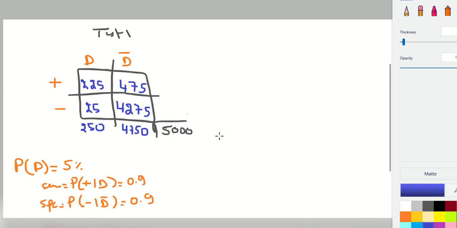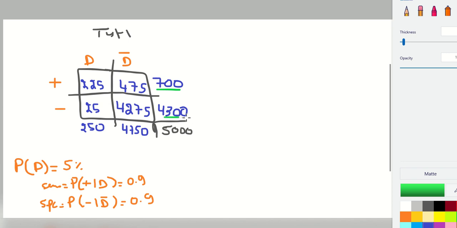Now, if you calculate the total positive and the total negative, the total positive comes out to 700, and the total negative comes out to 4,300. Okay. Now, let's think about it from the perspective of the patient or the doctor. They want to know: what are my chances that I'm actually diseased if I tested positive?